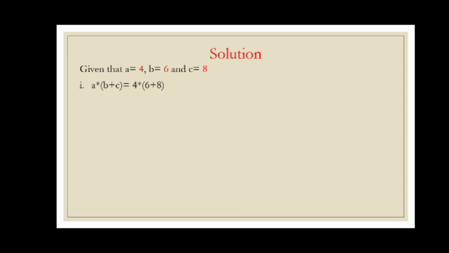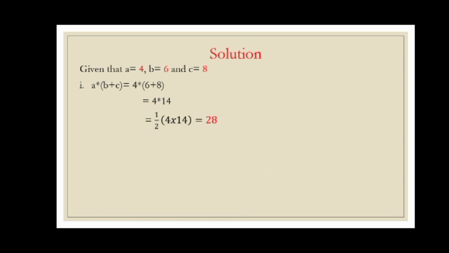So just substitute it into the definition given. Okay. So for 6 plus 8, always bracket first, okay? So 6 plus 8 gives us 14. So we have 4 star 14.